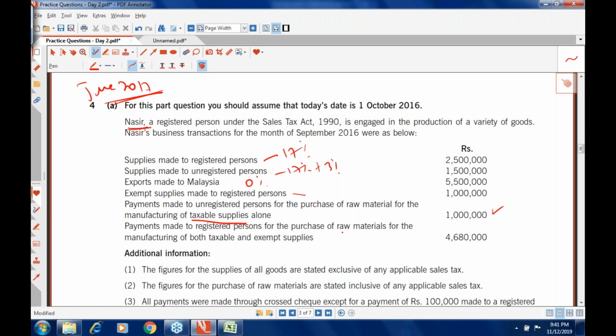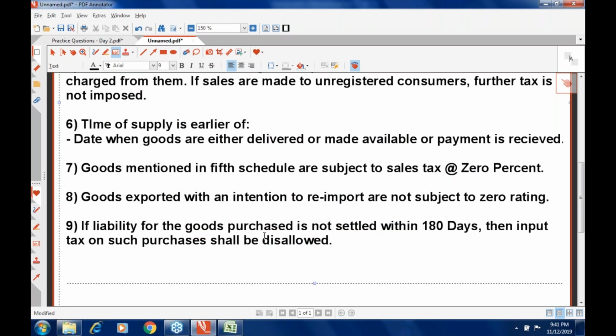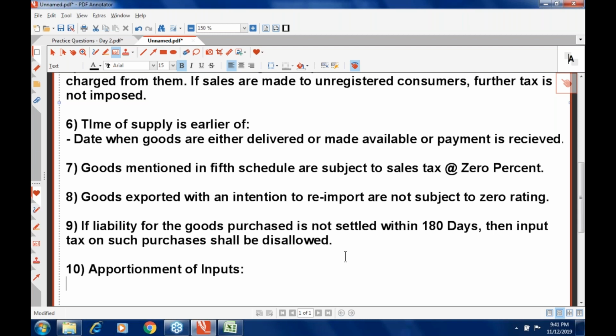Payments made to registered person for the purchase of raw material for the manufacturing of both taxable and exempt supply. Now that's very important. There's a concept which is basically the apportionment of inputs. What exactly do you mean by apportionment of inputs?